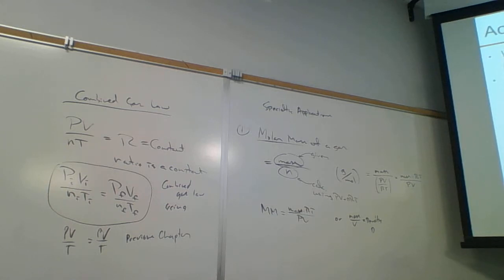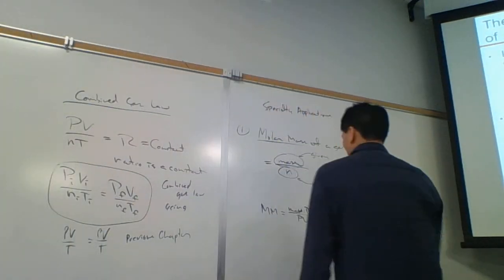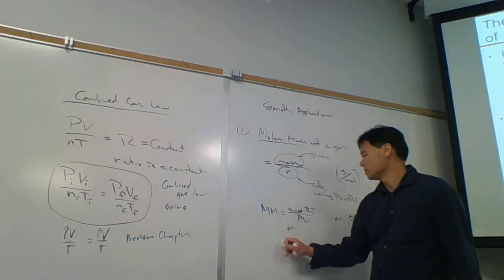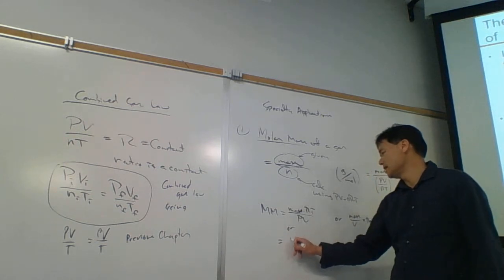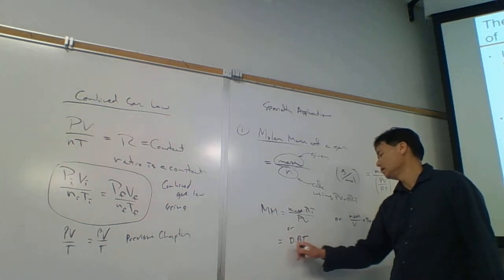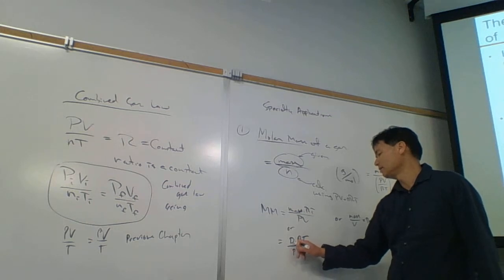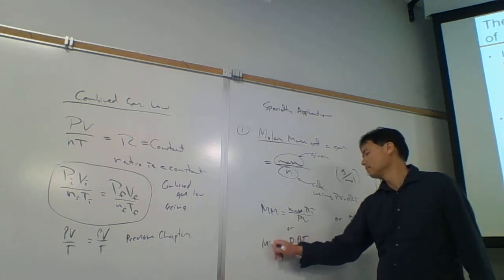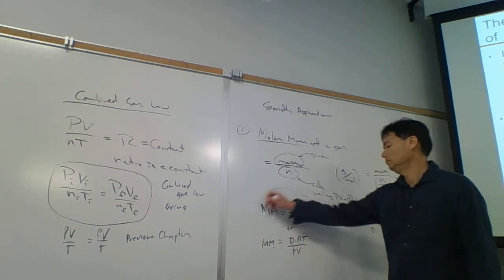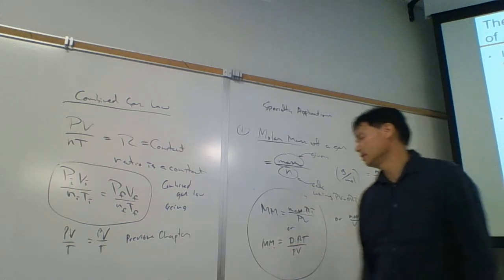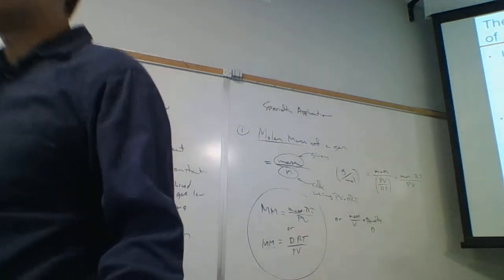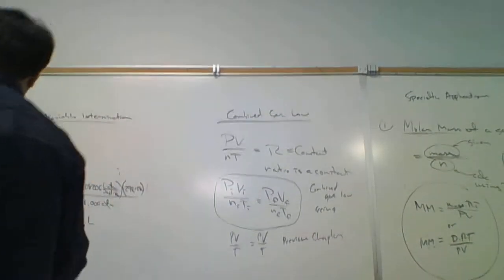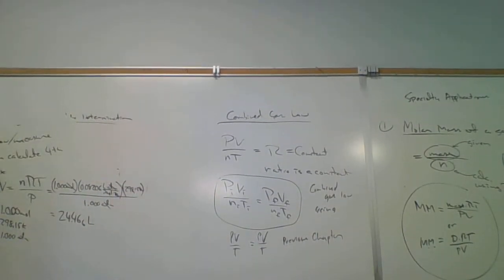Yeah, D. And so we can use this alternate equation, or it's equal to the density times RT over P. So if we know the density of the gas, then we can calculate the molar mass of that gas as well.